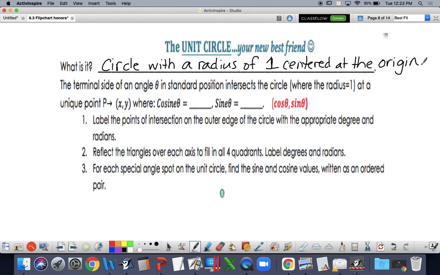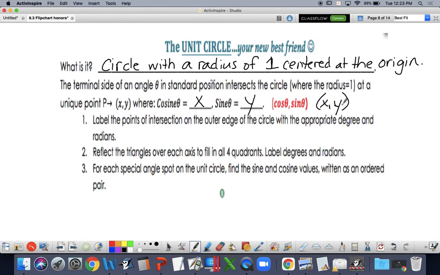A unit circle is a circle with a radius of 1 that is centered around the origin. We're going to build a lot of stuff here. The cosine of theta is your x coordinate, and your sine is y, so we have cosine, sine, or x, y.